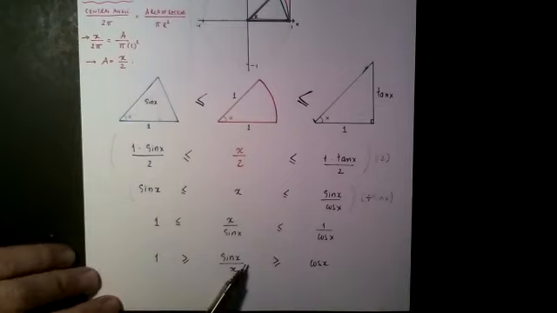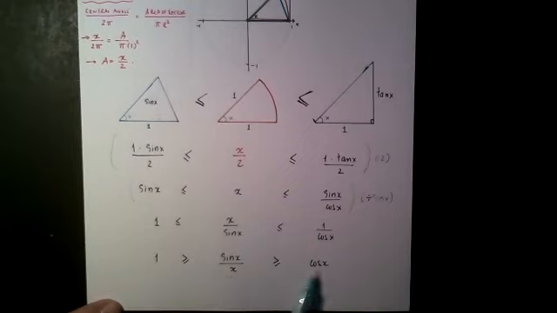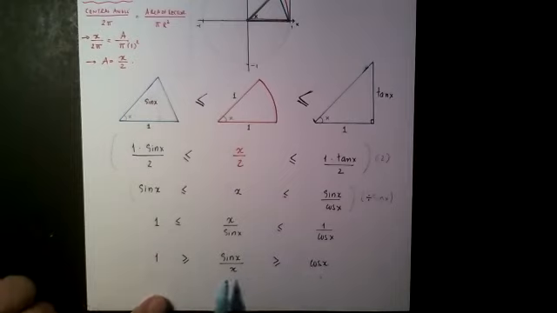Okay, so I just showed that sine x over x is always included between 1 and cos x. I just showed this. Okay, so if it's always included, you have a question? Okay, so if it's always included between these 2 values, so even if x is very small, it's still included there.